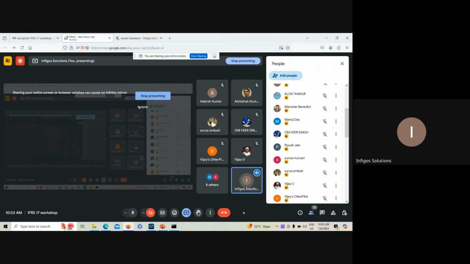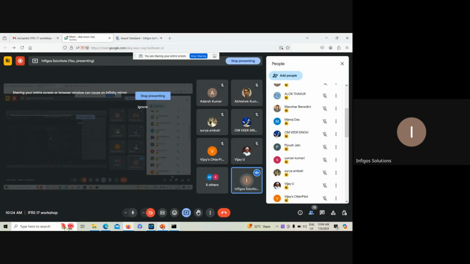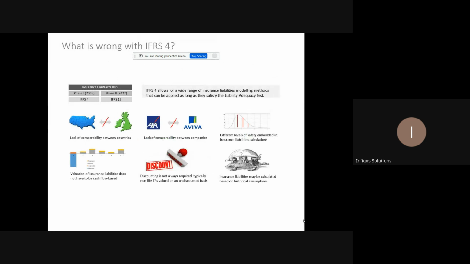So talking about the problems with IFRS 4. The main problem with IFRS 4 was that if you go from one company to another company, it was not possible to compare the balance sheet and profit and loss statement.